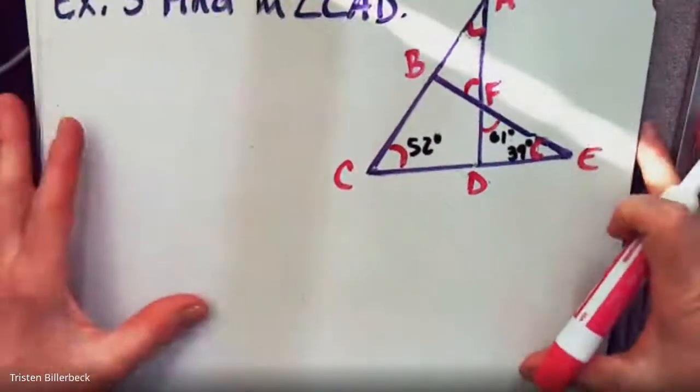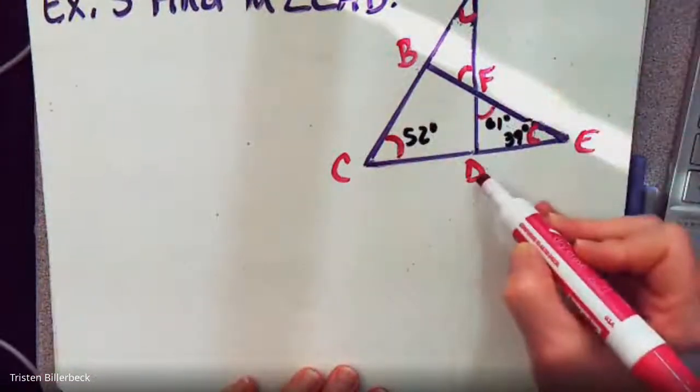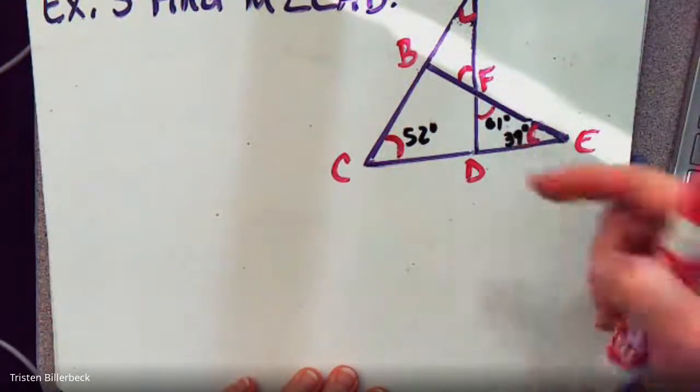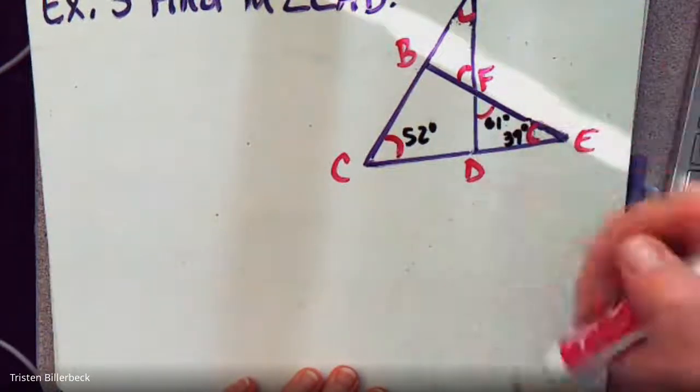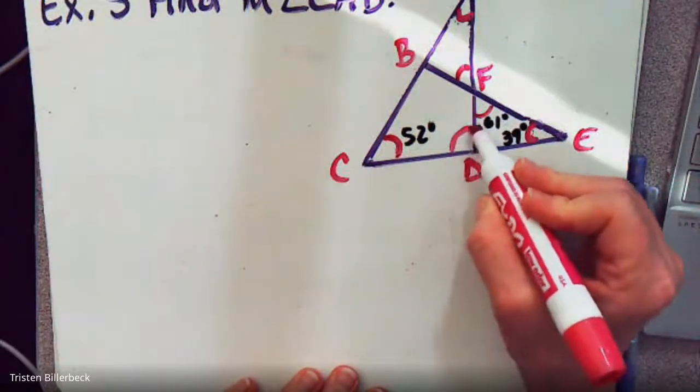Now let's find the measure of CAD. I see I have two angles here, so I can learn what this angle is from that. I have one exterior angle there.